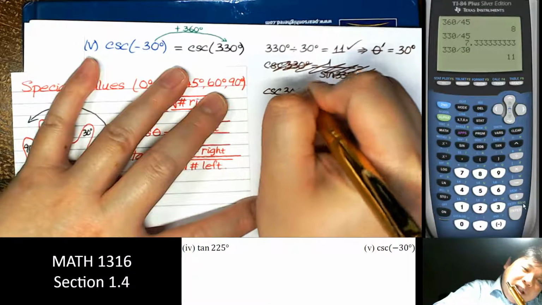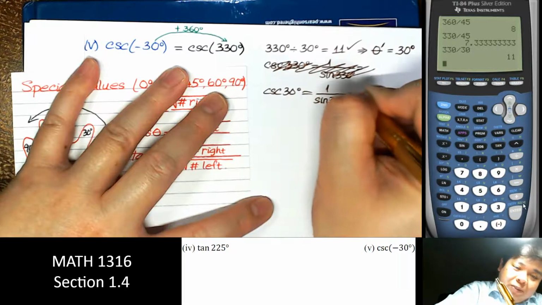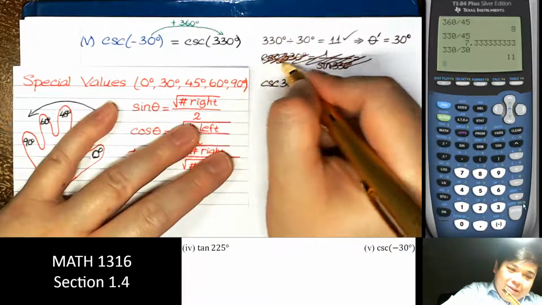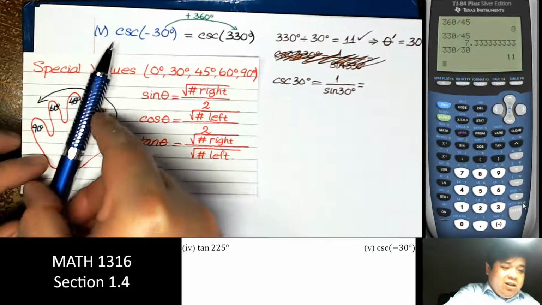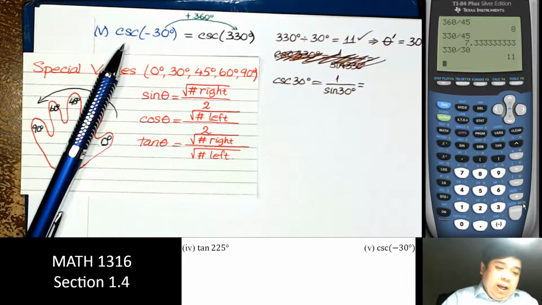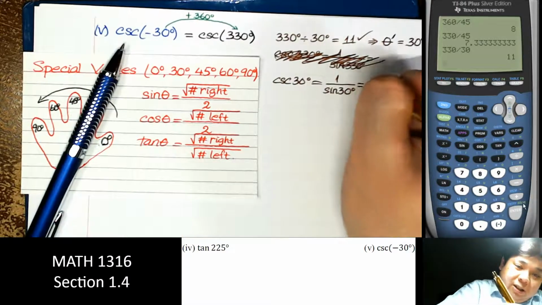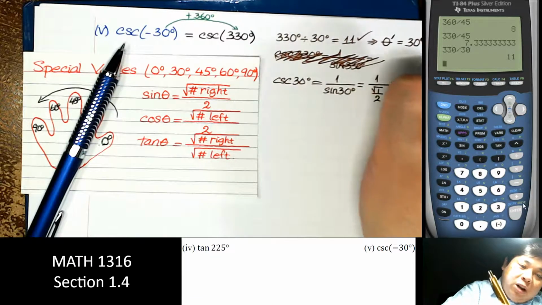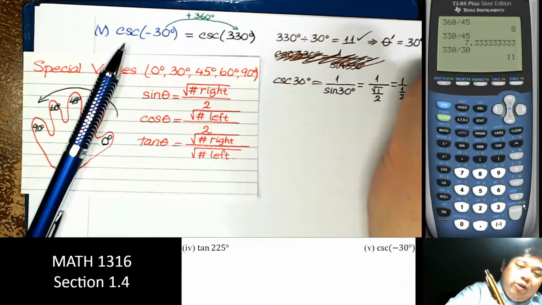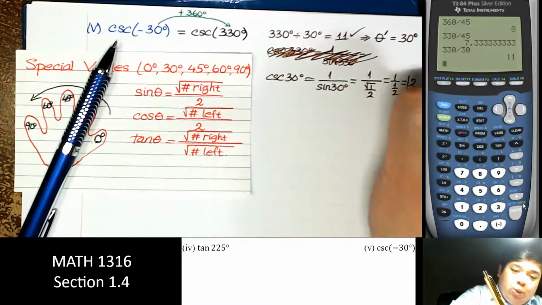Cosecant of 30 degrees is 1 over sine of 30 degrees. Sorry. Once we have the reference angle, we use that. Sine is going to be the fingers on the right, square root of that divided by 2. Square root of 1 is 1. So 1 over 1/2. The reciprocal of 1/2 is 2 over 1, or just 2. So we found the value: 2.